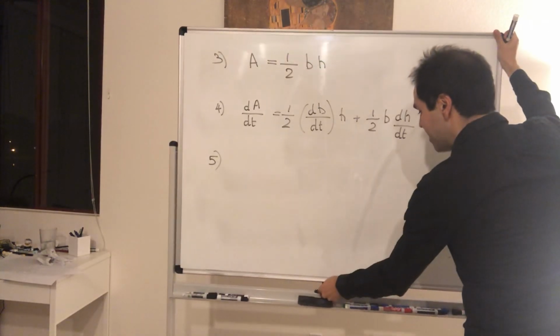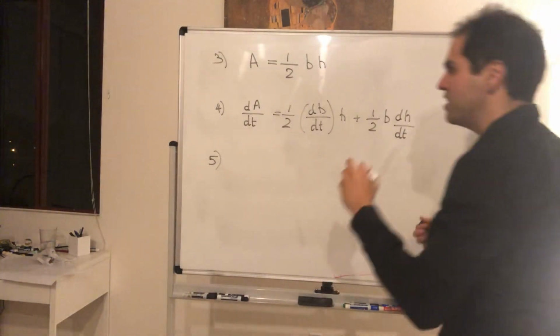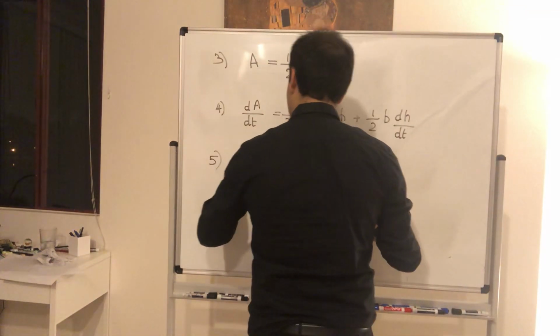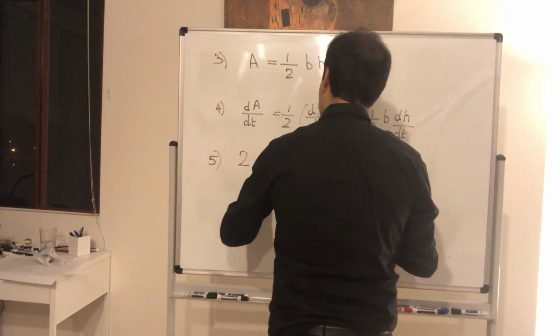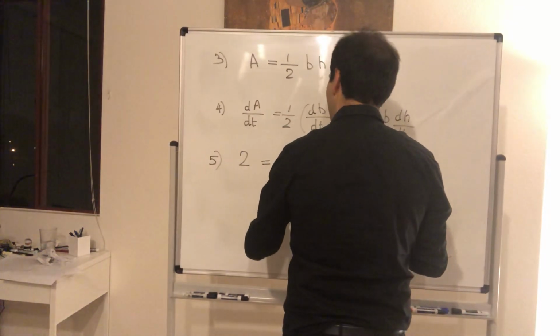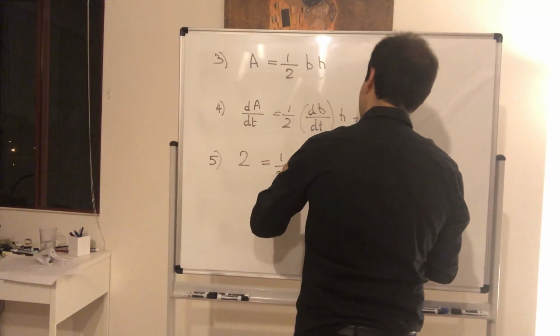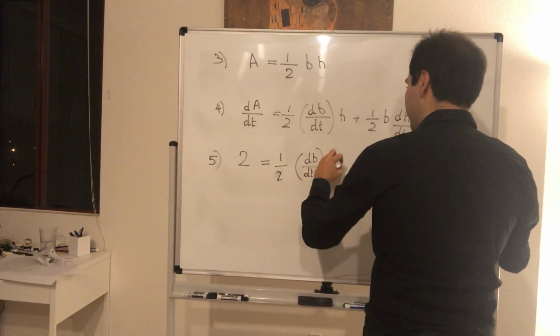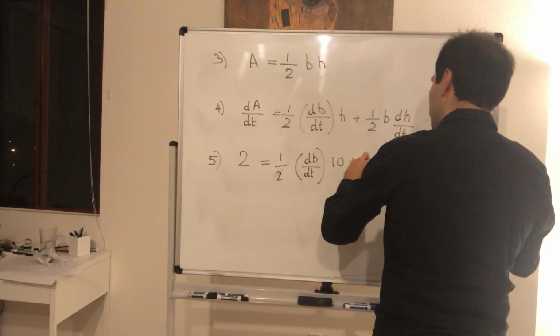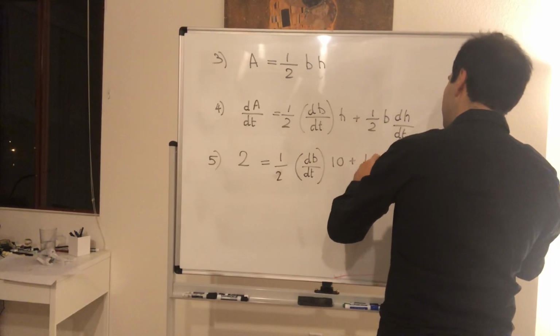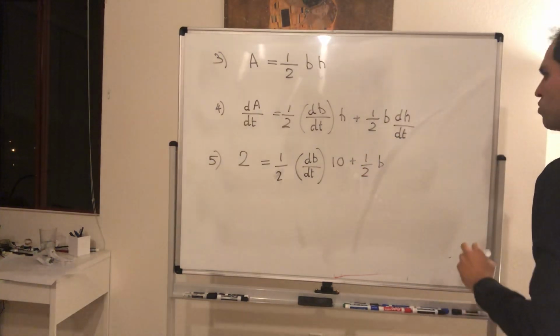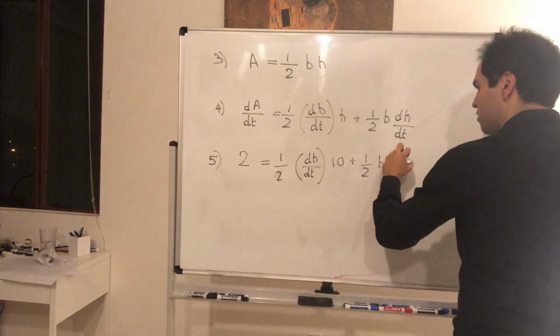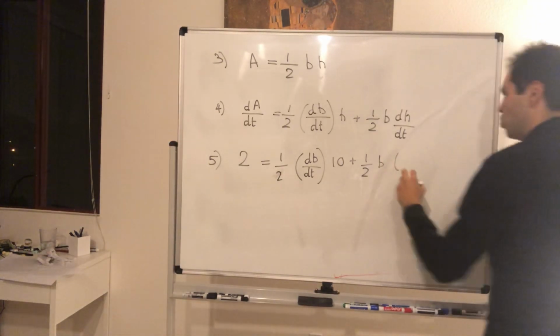So as I said, we know that dA over dt is 2. And then 1/2 times the stuff that we want to find, dB over dt, times the height, which is 10, and then plus 1/2 b times dh over dt, which is 1. Let me check.